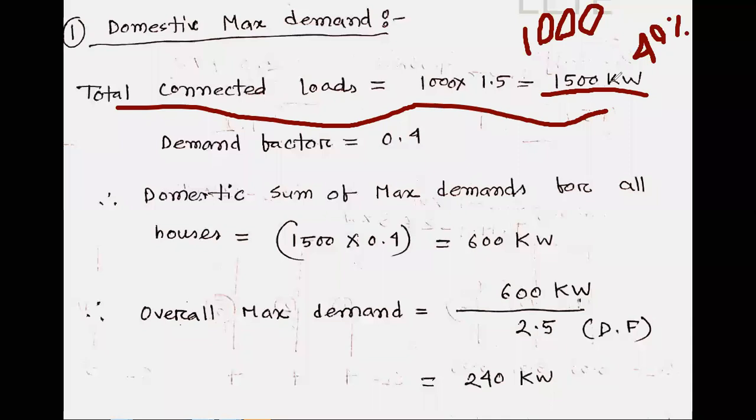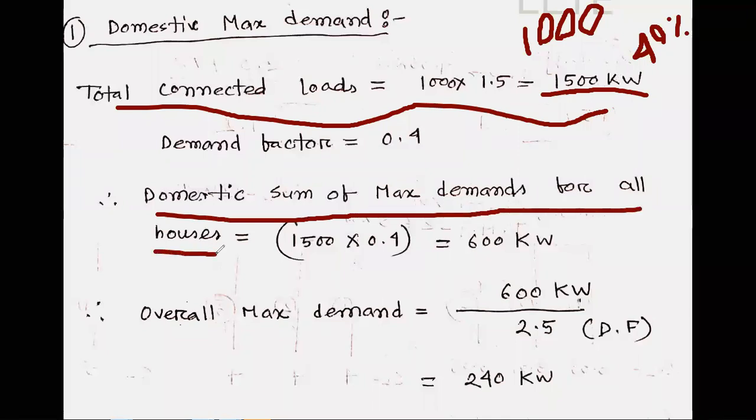So if we multiply it by the demand factor, we get the sum of maximum demand for all houses, everyone's maximum demand. So that is 600 kilowatt. Their connected load is 1500, but they are using 600 kilowatt maximum, because their demand factor is only 0.4. Only 40% they are demanding maximum.